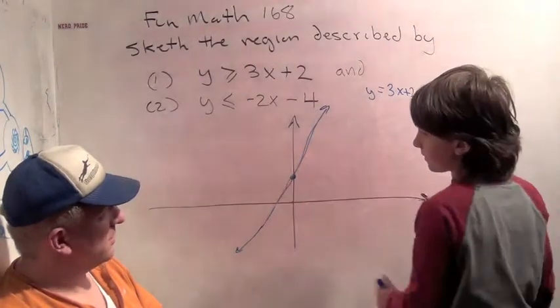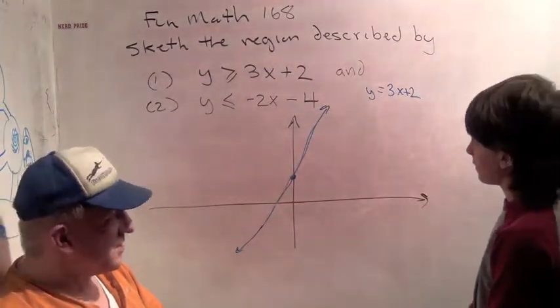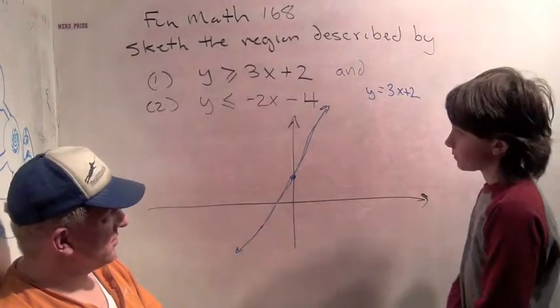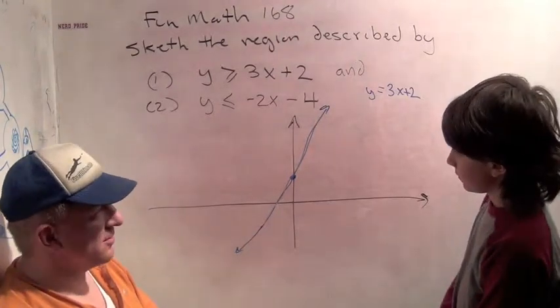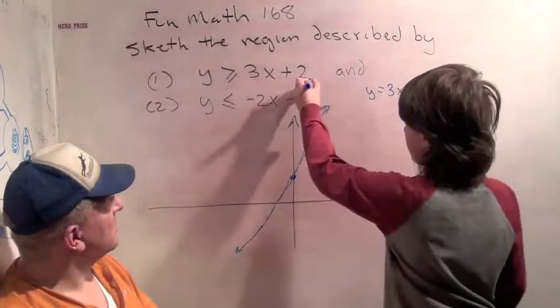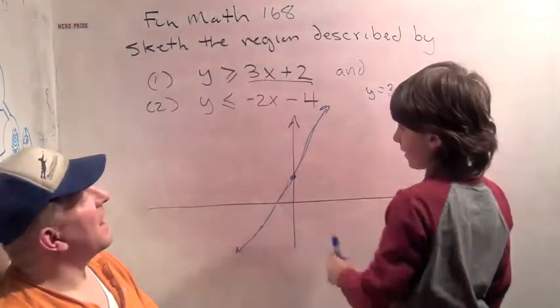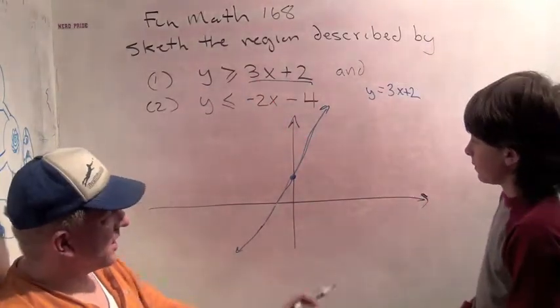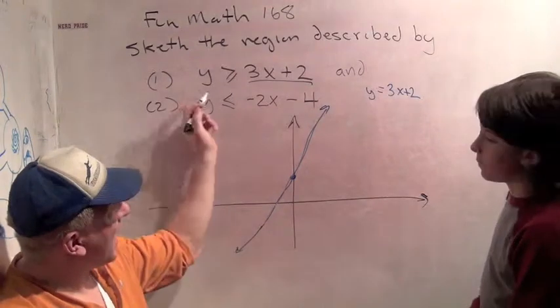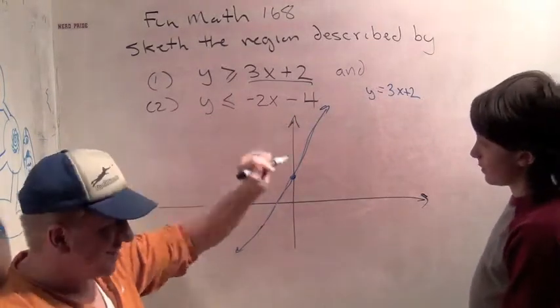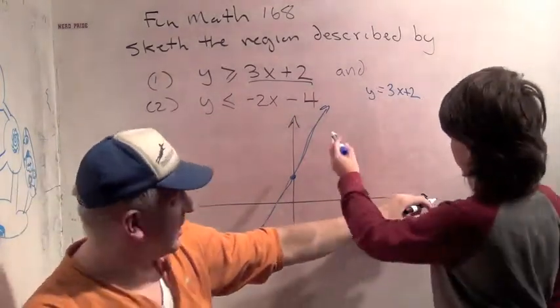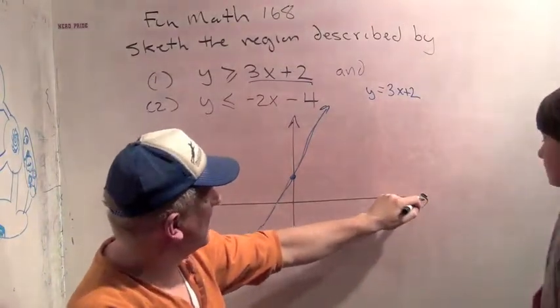I mean, this side is going to be greater than y. Is that going to be part of the region where y is greater than? No. So our point way over here, x equals a million, is not part of our region.